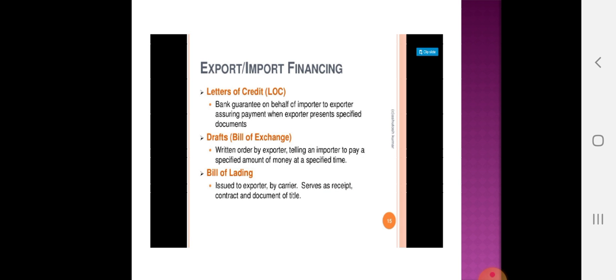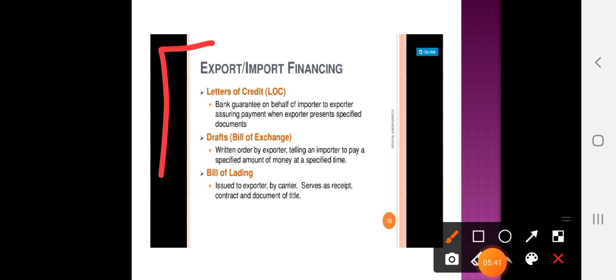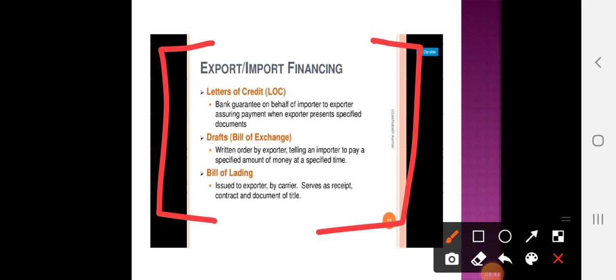Next, this is a typical international transaction where there is involvement of the different banks of the exporter and importer. Before going into this, I would like to briefly tell you about some definitions. What is LOC, that is, letter of credit?